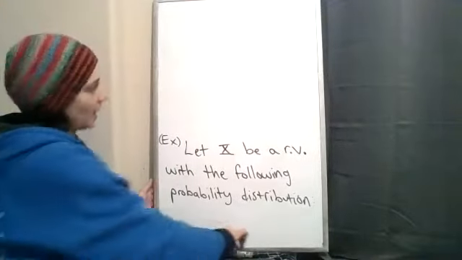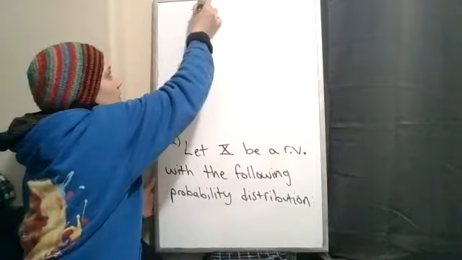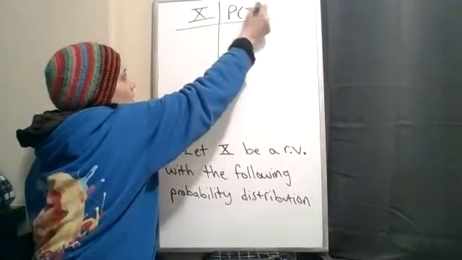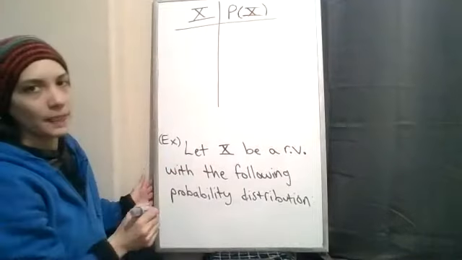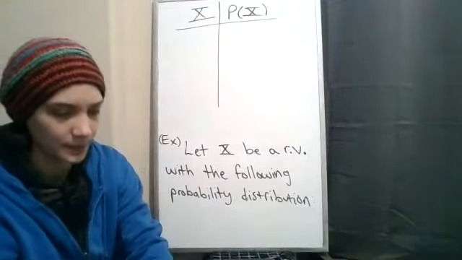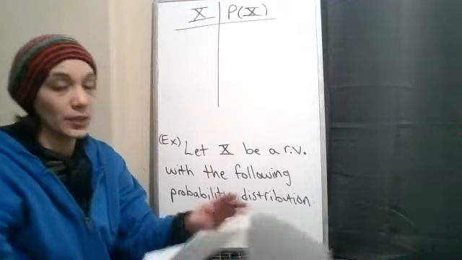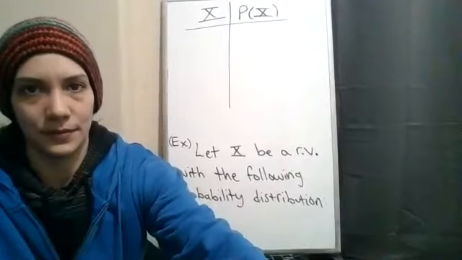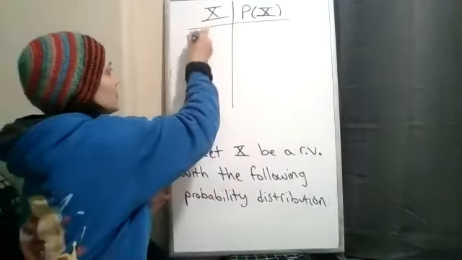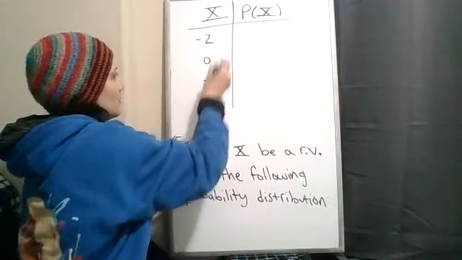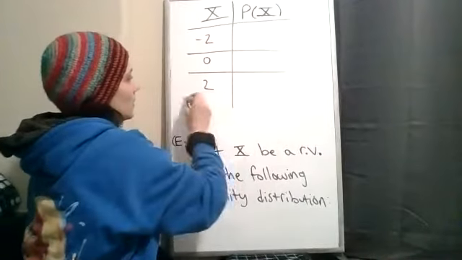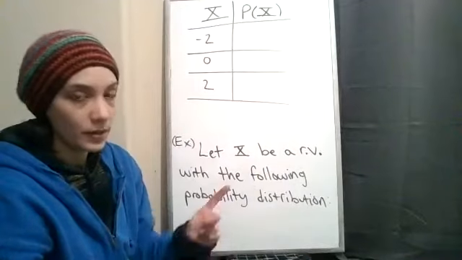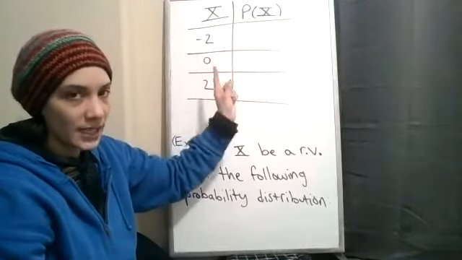Okay, so we still have x. Probabilities for x. This time, x is equal to -2, 0, and 2. And probabilities are 0.1, 0.7, 0.2.